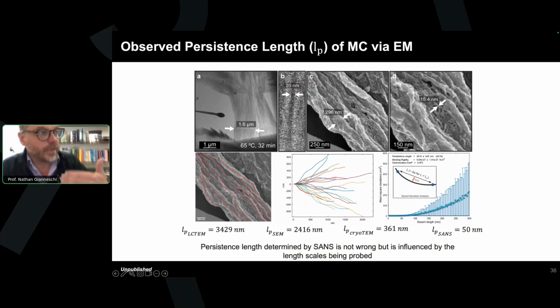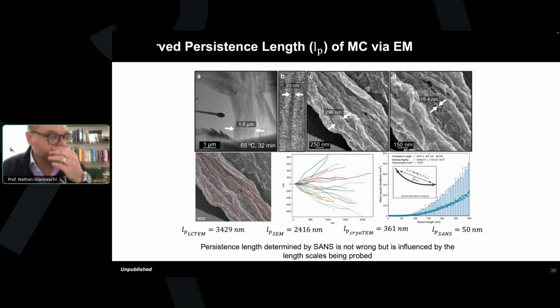By the SEM measurement of the freeze-dried sample, call it 2.5 microns, something like that. The cryo-EM measurement is in the hundreds range. Of course, a standard small angle neutron scattering measurement that's sensitive to this size regime is going to predict something closer to 50 nanometers. Again, none of this is wrong. It's just what the probe and the sample prep itself is looking at.